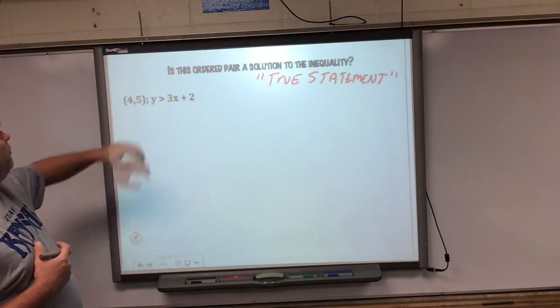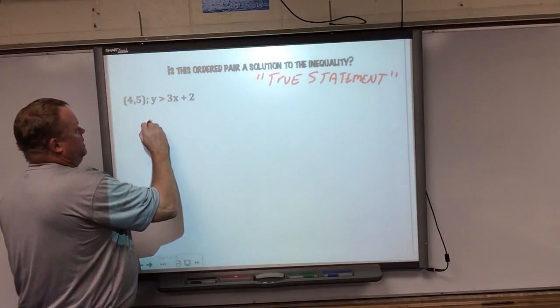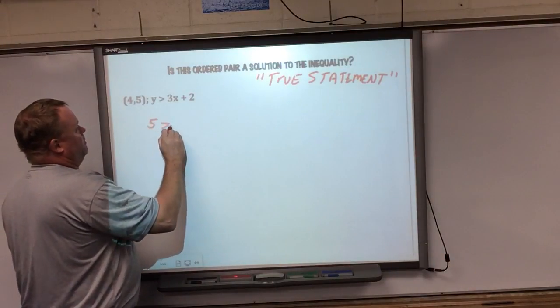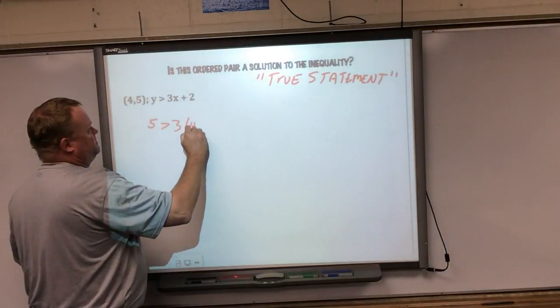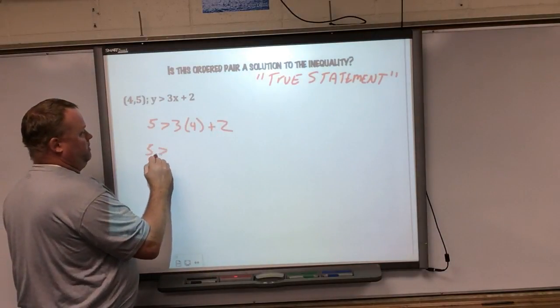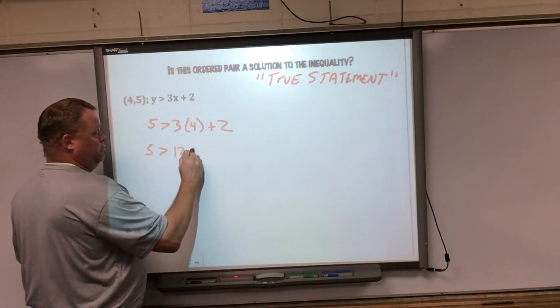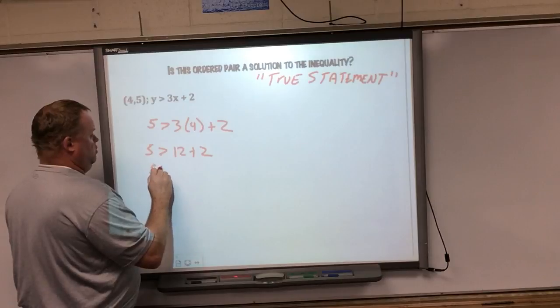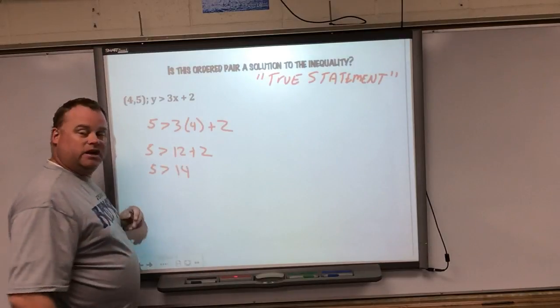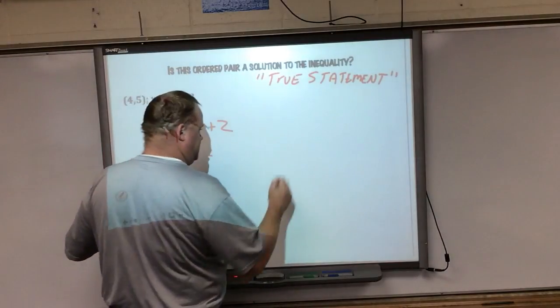Well, I've got the point 4, 5, so I know that I can plug in the 5 for y: 5 greater than 3 times 4 plus 2. Well, 5 greater than 3 times 4 is 12, plus 2. Well, is 5 greater than 14? No, 5 is not greater than 14.